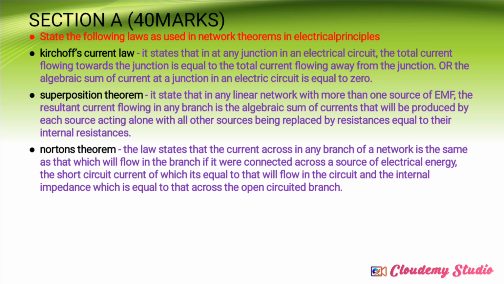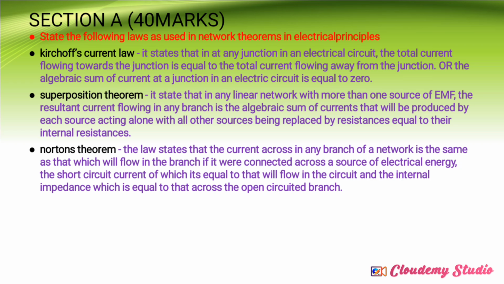The next, superposition theorem. This one talks of a linear network or a linear circuit. A linear network is a type of circuit that consists of one or more sources of EMF, and we have some parameters in it. It can be resistors, inductors, capacitors. Depending on how the circuit is, if it has more than one source of EMF or voltage source, then it's called a linear circuit.